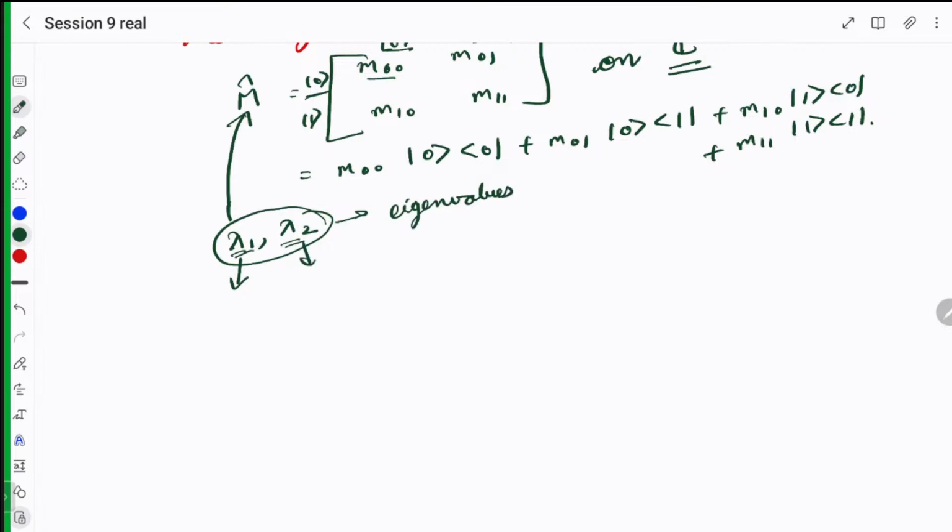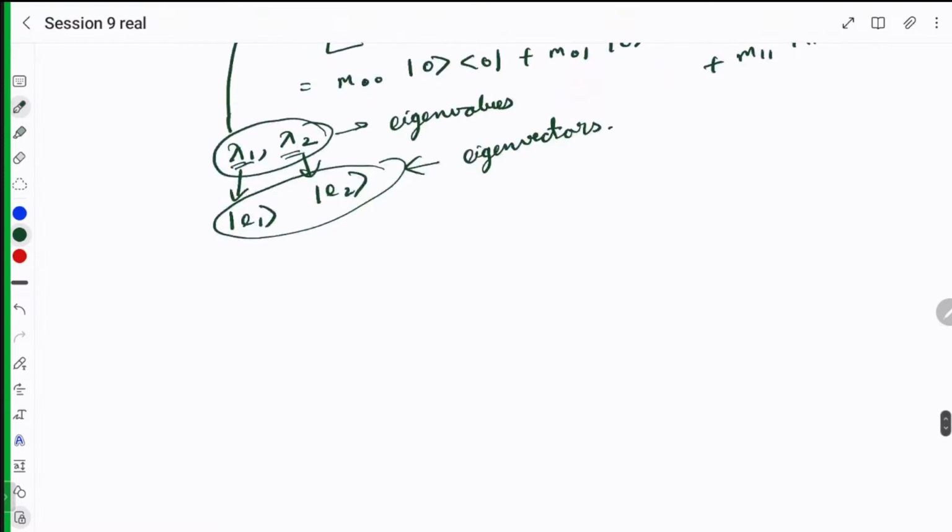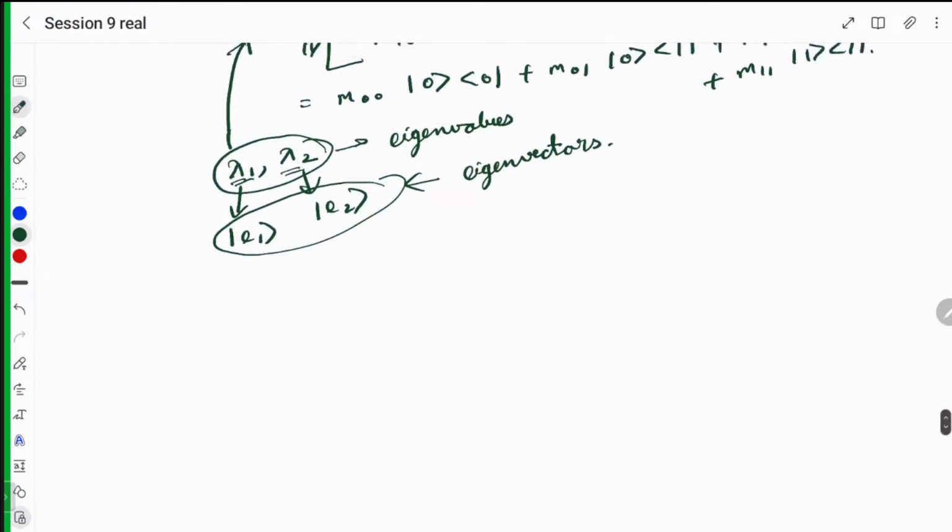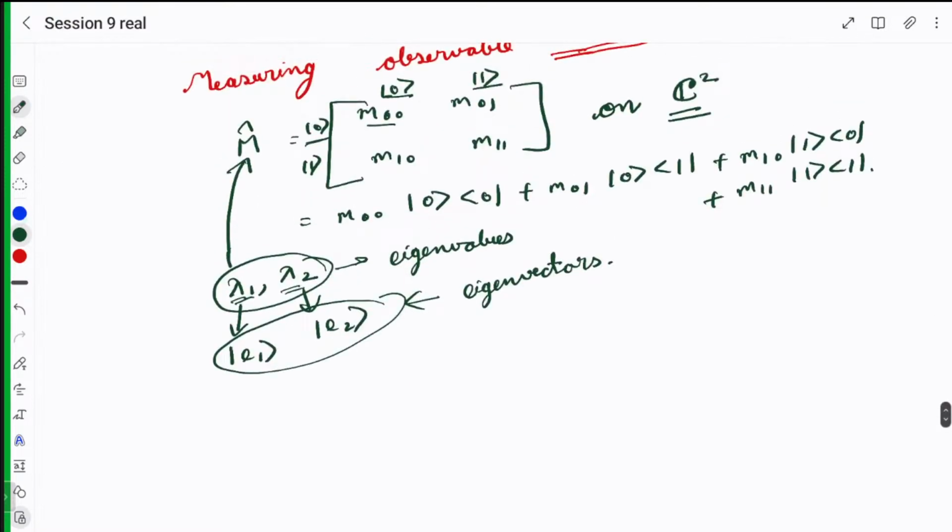And let's say the corresponding eigenvectors are ket E1, ket E2. If this is the case, then you can show that M can also be written as lambda 1 ket E1 bra E1 plus lambda 2 ket E2 bra E2, outer products.